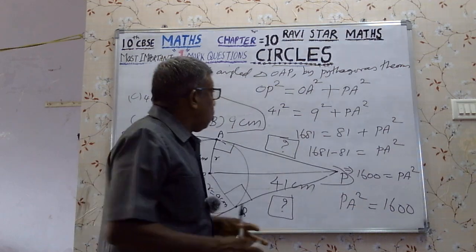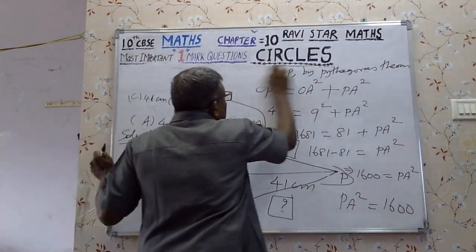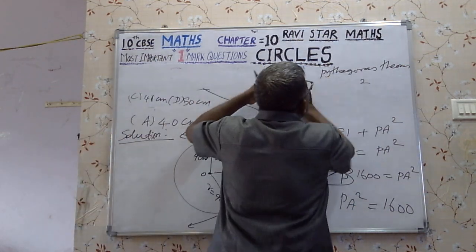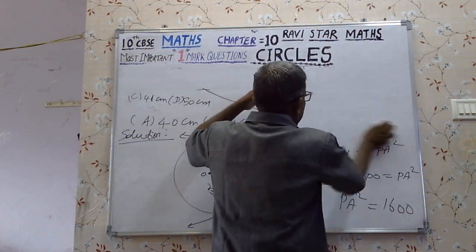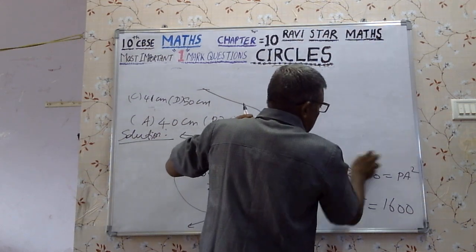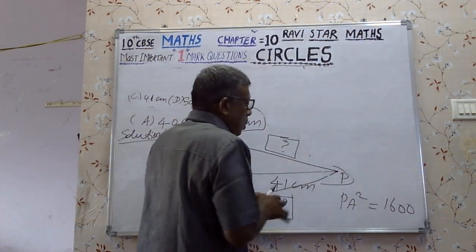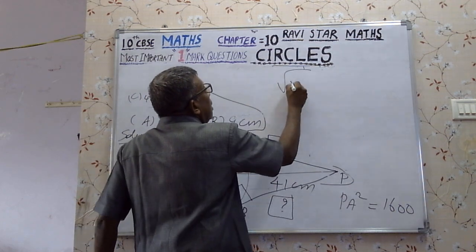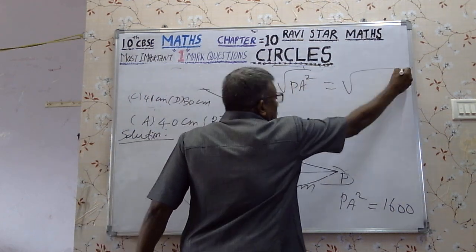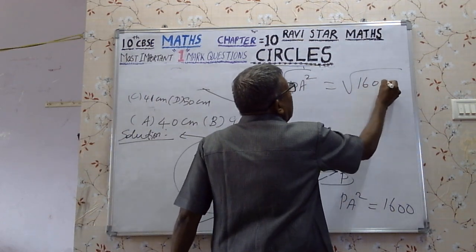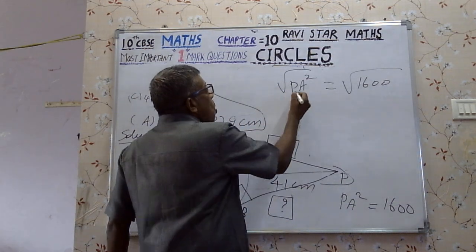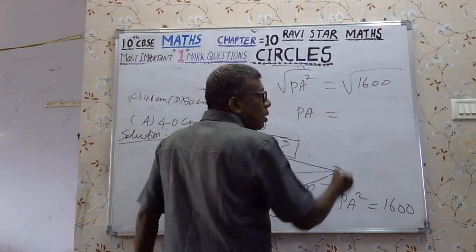Taking square root on both sides. Square root of PA squared is PA.